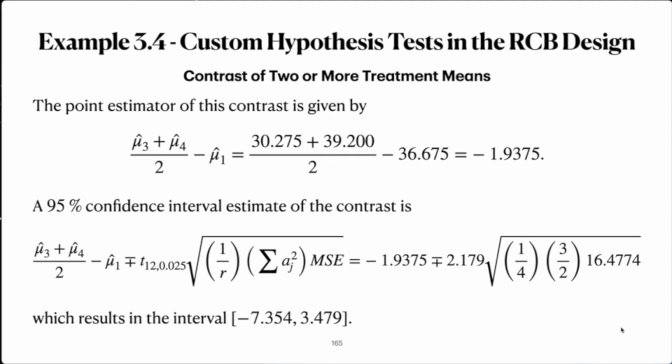But the form of that estimate of variation is going to depend on whether or not we are looking at a contrast, because that determines whether the mean square for blocks is part of that estimated variation. Is it a contrast or not?